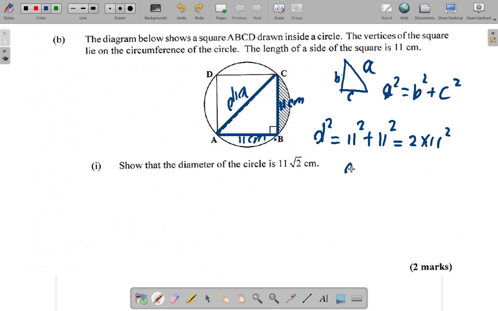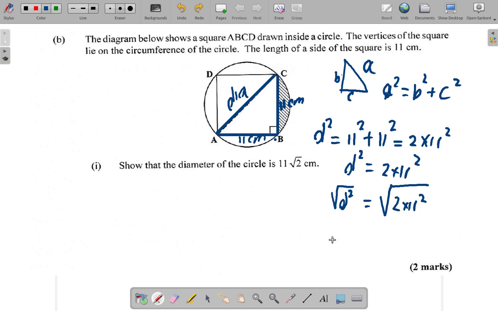Now, this is saying that D squared is equal to 2 times 11 squared. But it's D that they want, the diameter. What do you do to turn D squared into D? You square root D squared. But if you square root D squared, you must square root the other side as well, 2 times 11 squared.